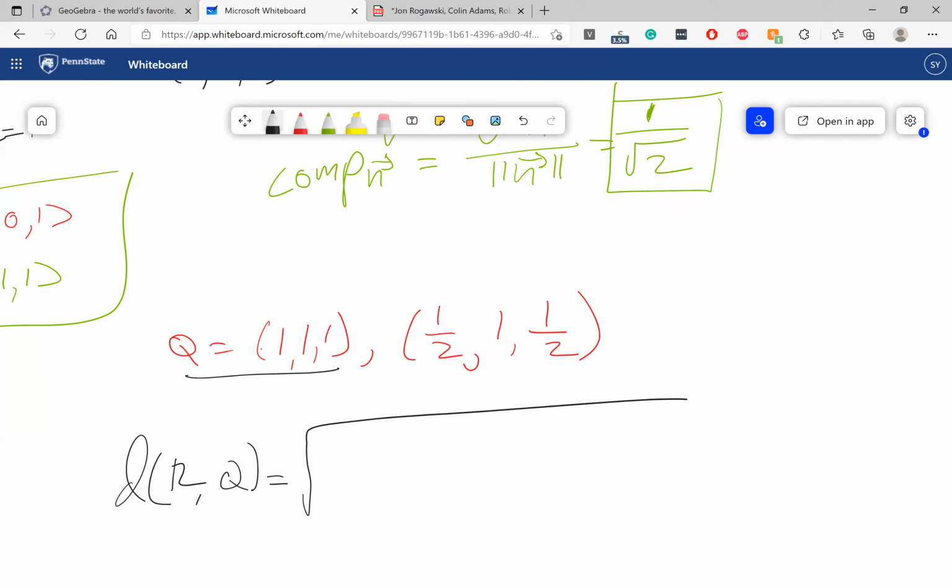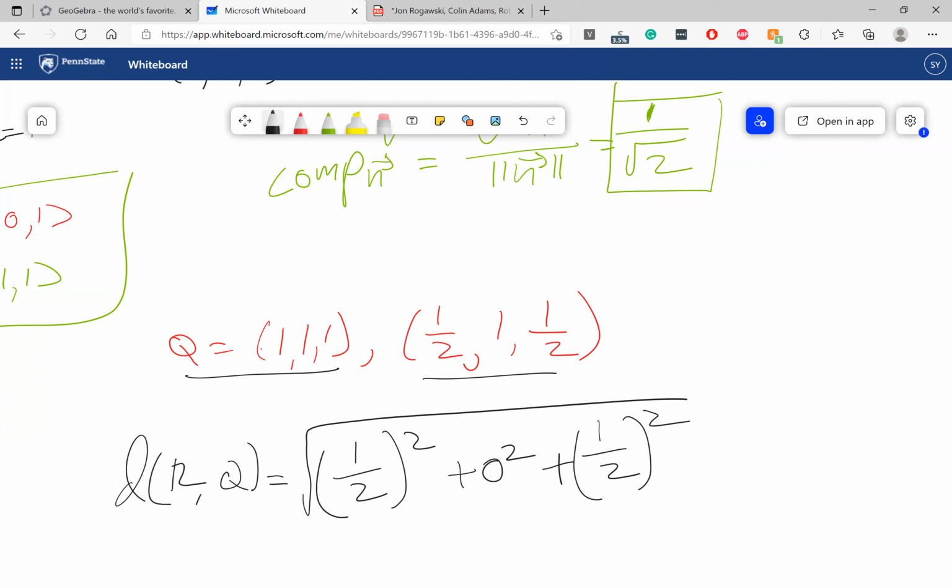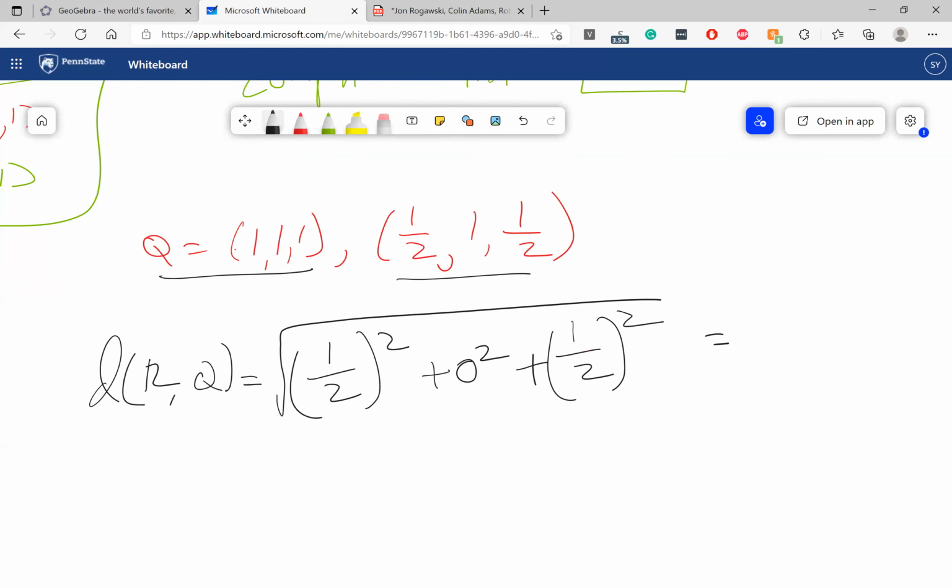So let's take the point Q and subtract from it the point R. So 1 minus 1/2 is 1/2 squared. 1 minus 1 is 0. 1 minus 1/2 again is 1/2 squared. So this is going to be equal to the square root of 1/4 plus 1/4, which is 2/4, which is 1/2.